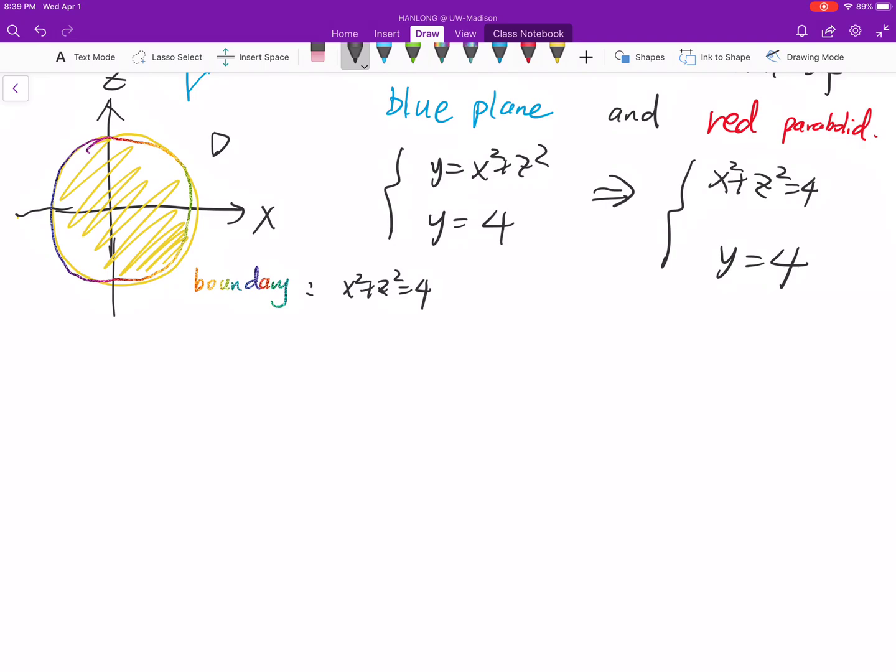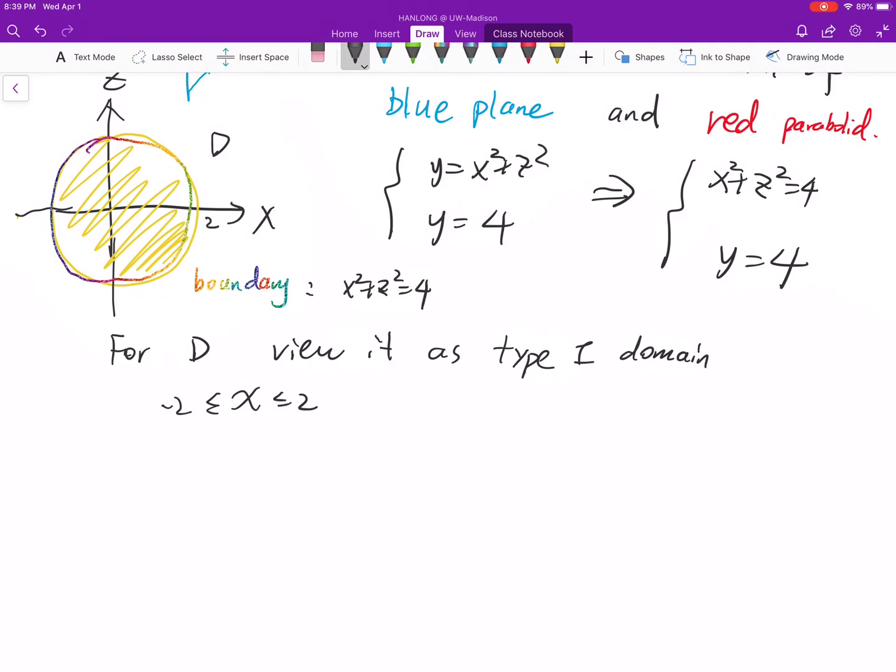several ways to do the following step, but first I would like to introduce the most straightforward way. For D, view it as a type 1 domain. Then x is between -2 and 2.